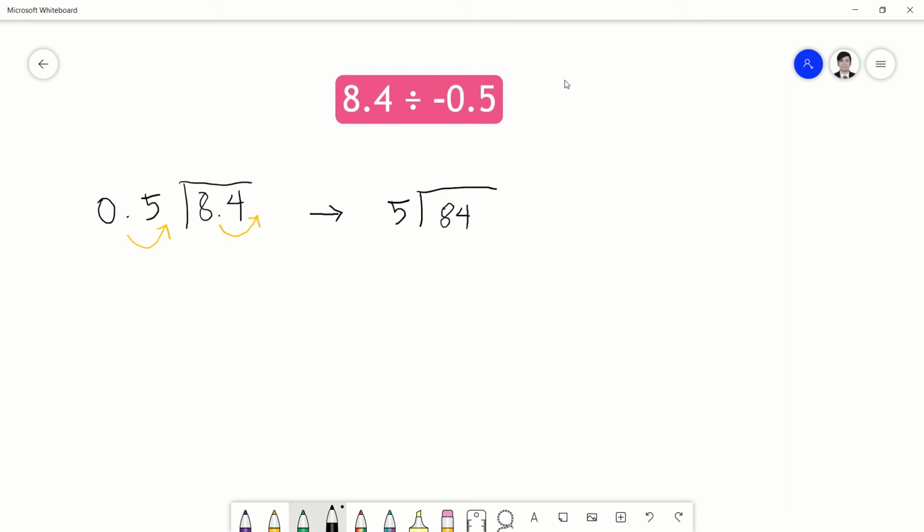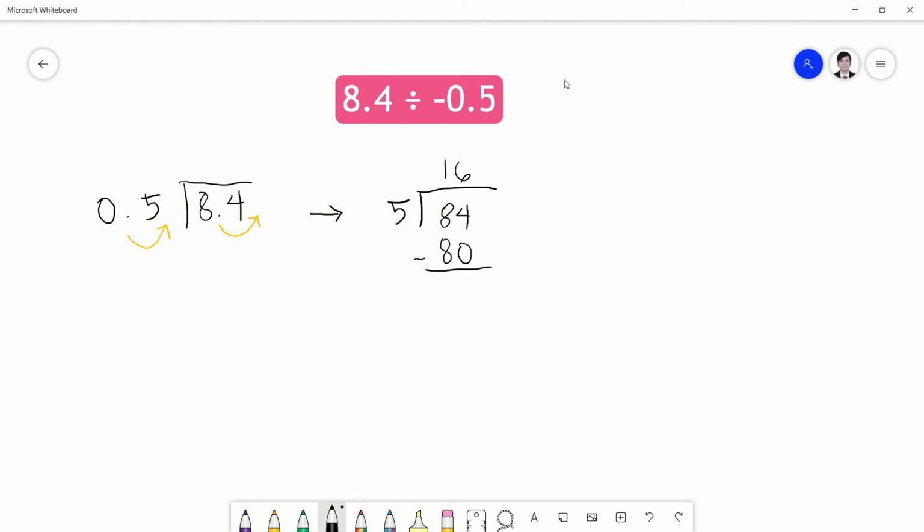Now we will divide. 84 divided by 5 is 16. Then you multiply 16 with 5, you get 80.